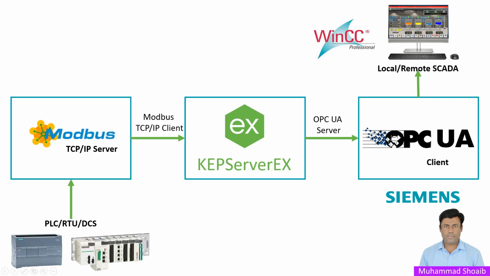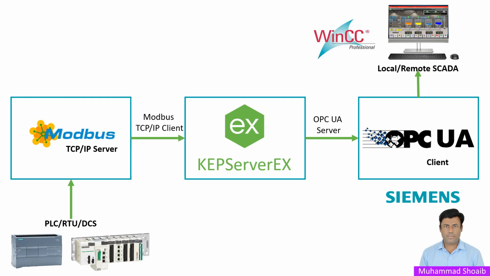So in this tutorial video, we'll learn how we can use the Modbus TCP protocol. In the first phase, we will configure Kepware server as a Modbus TCP client. It will fetch data from our RTU, PLC, and DCS controller that act as a Modbus TCP server.